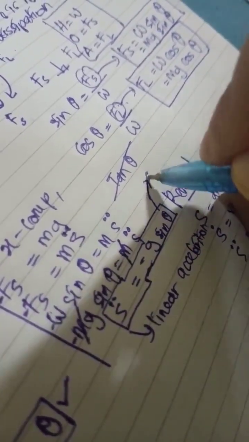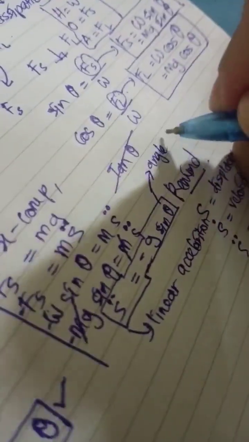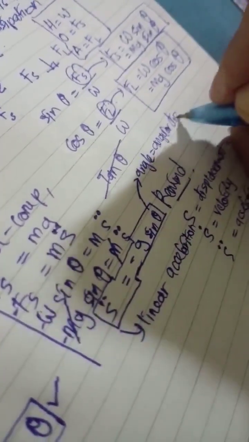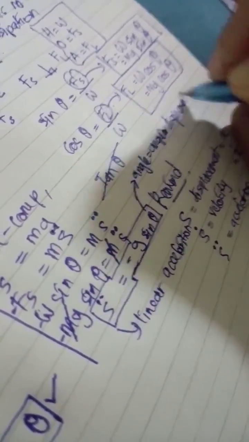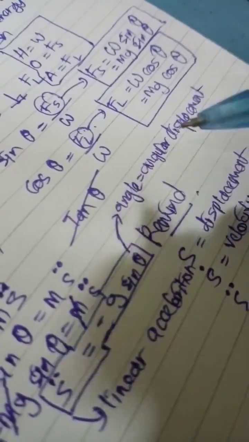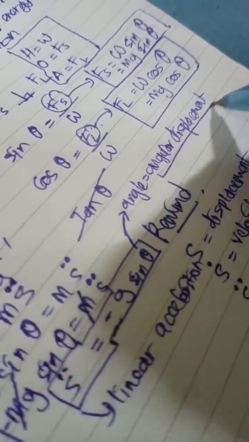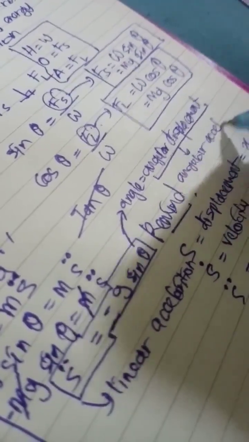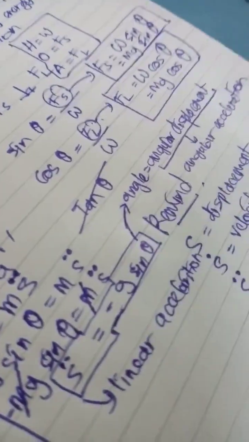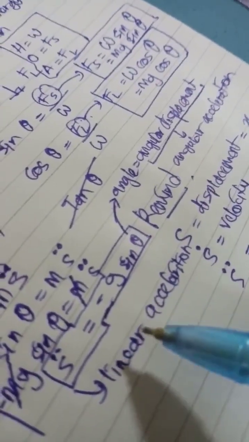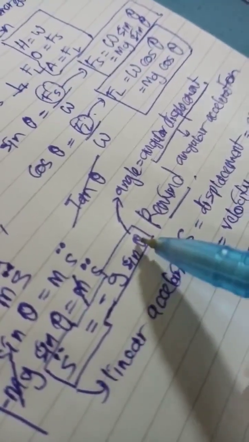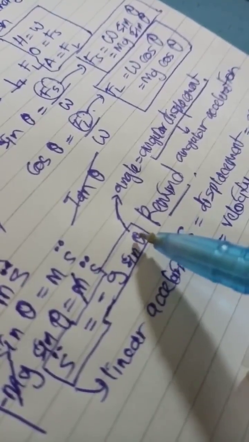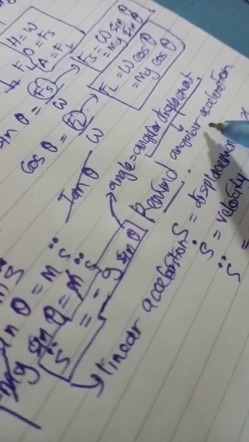Theta is known as the angle, and it also represents the angular displacement. We want to make the angular displacement an angular acceleration. To get the angular acceleration, we have to differentiate theta two times.